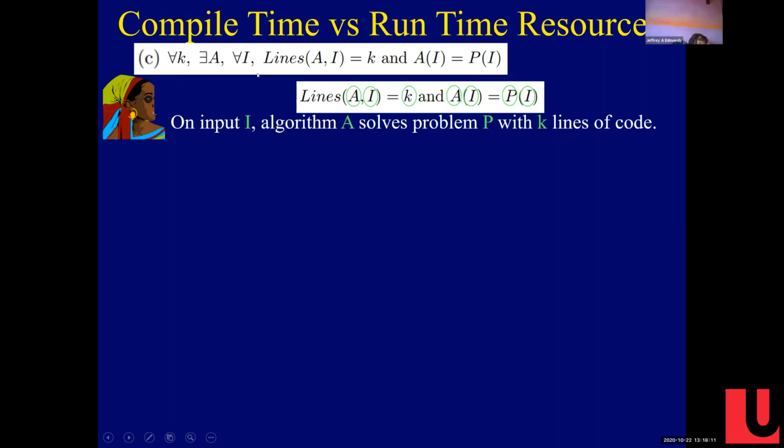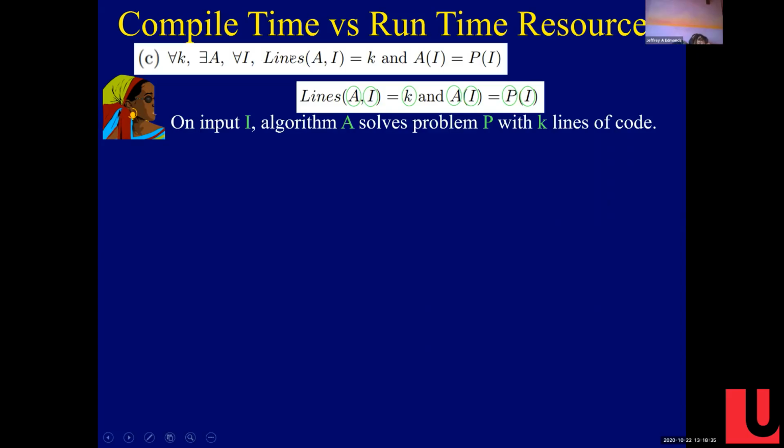You can think about this, or you can just go to the next slide and see it. If it's true for every K, let P be a really easy problem like sorting. Is sorting computable? Yeah, it's computable. Now, this is true for every K. Let me give you K equals 2.